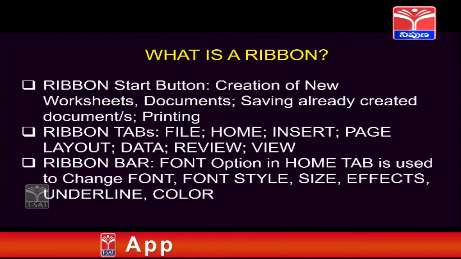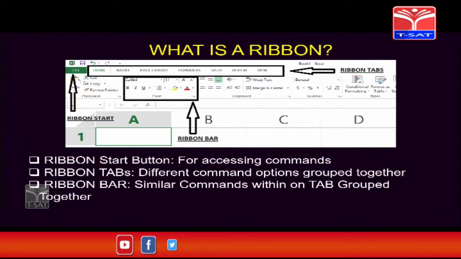And inside each tab, you have got ribbon bars. So what is basically a ribbon bar used for? A ribbon bar is used for grouping similar commands inside a tab.